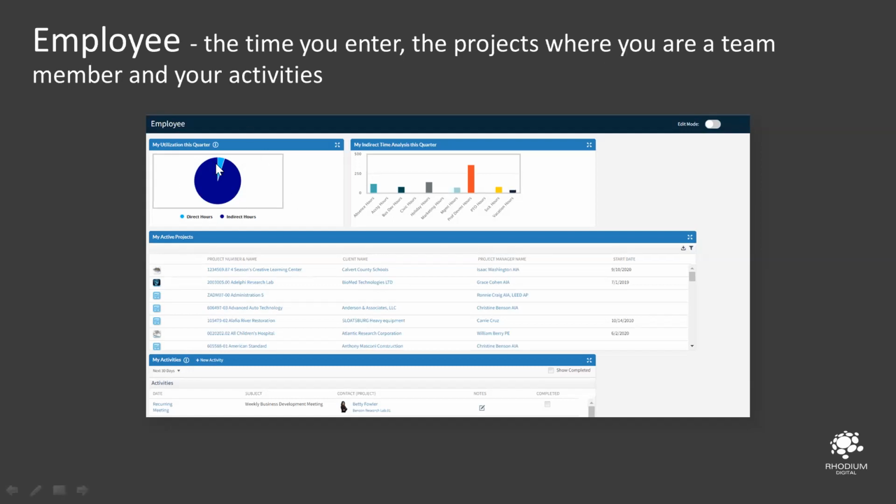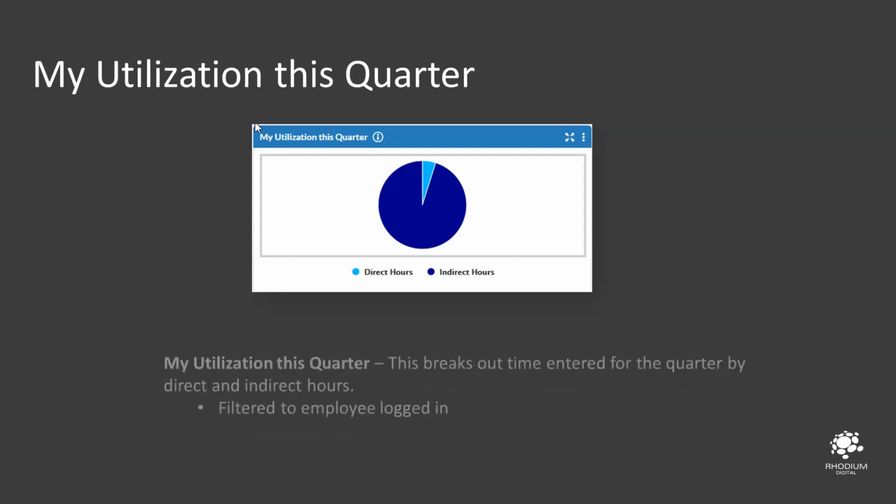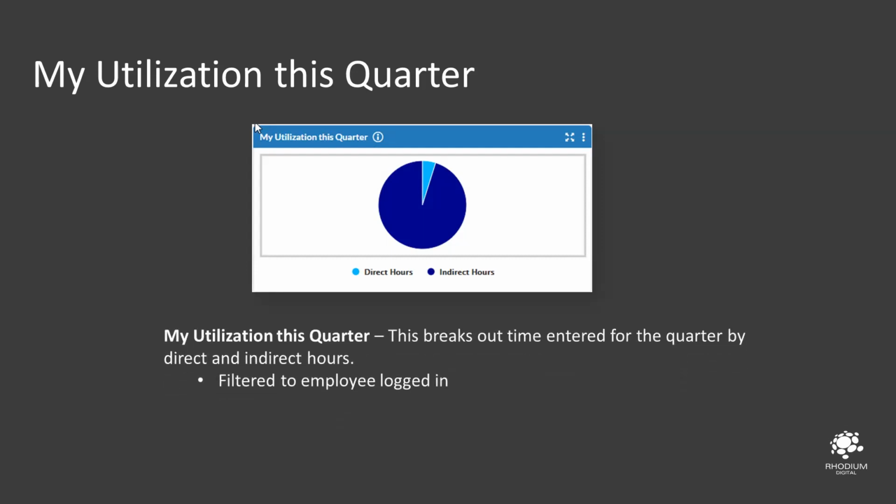So we're going to start in this top left corner with the very simple My Utilization this quarter, which is a very important graphical part, particularly because in most firms, individual utilization is an important metric on a personal basis. And certainly many employees have utilization targets. And so this is a very simple graphical representation that breaks out all the time entered by each individual contributor.